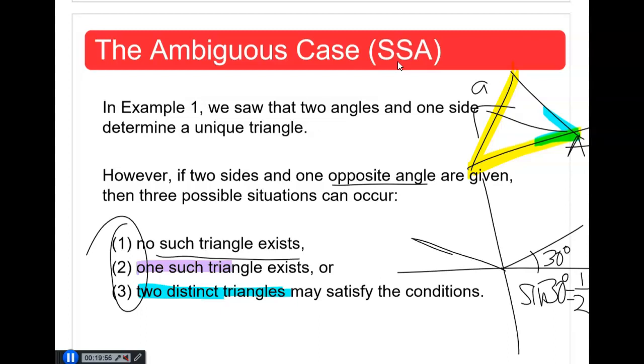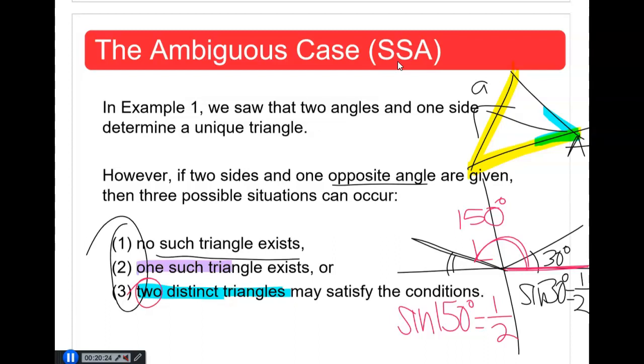But also the other angle for which the reference angle is 30 degrees, and I'm talking about an angle that goes 180 minus 30, so that will be 150. So the sine of 150 is also 1/2. So that is where the two distinct triangles will come from.